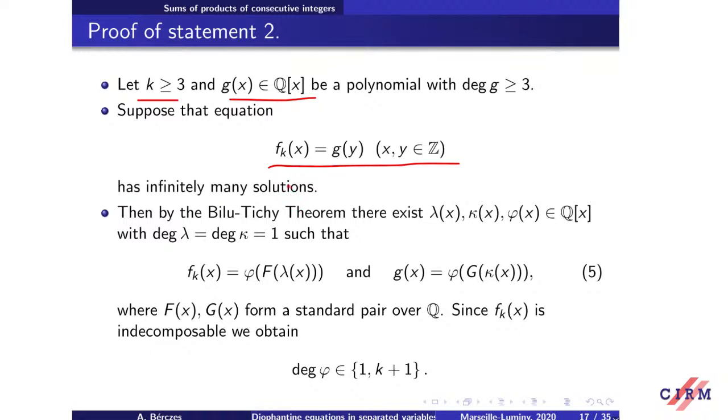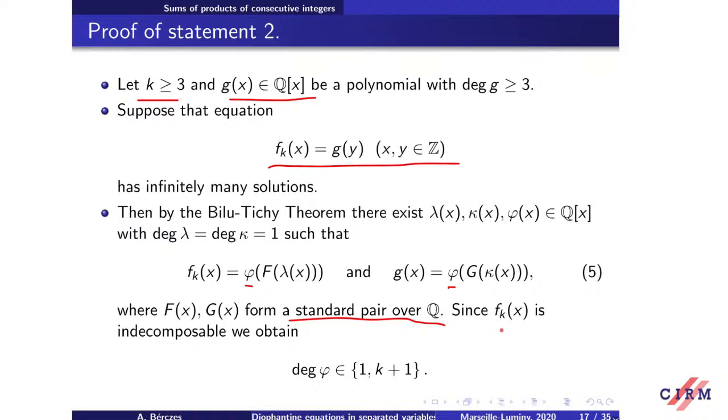The Bilu-Tichy theorem describes very explicitly in what situation this can happen. f_k of x must be phi of f of lambda of x, and g must be phi of g of kappa of x. The phi here is the same polynomial. Lambda and kappa are linear polynomials. And f and g are coming from a standard pair over Q.